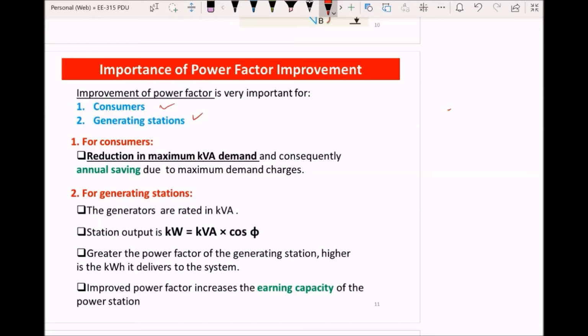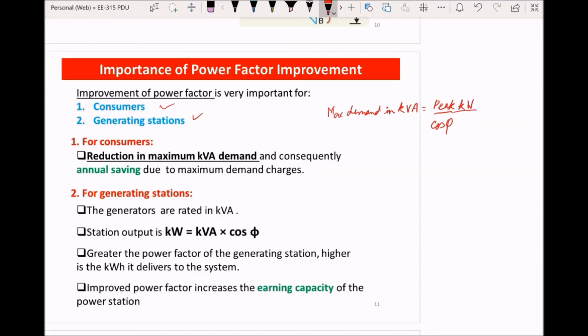We can elaborate it with the help of this expression. We know that the maximum demand in kVA equals the kilowatt active power divided by the power factor cos of phi, or this can be called the peak active power.